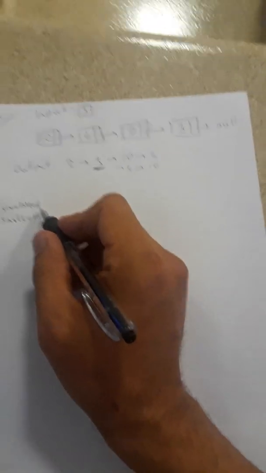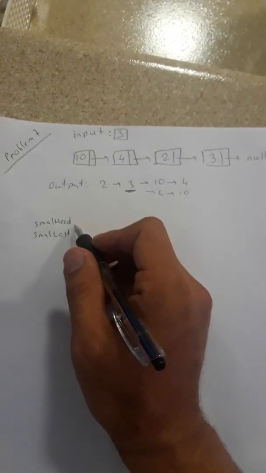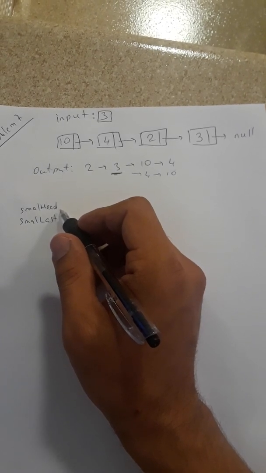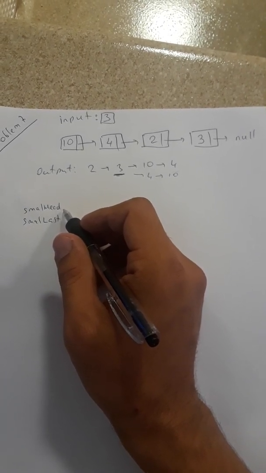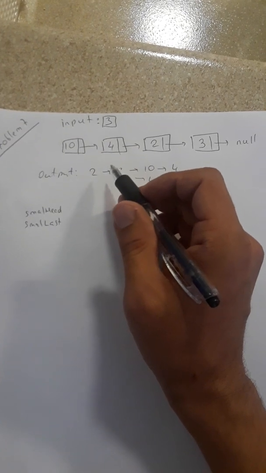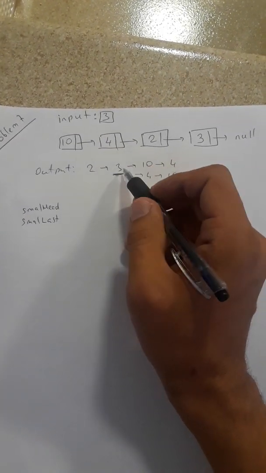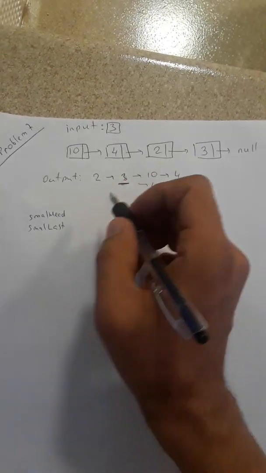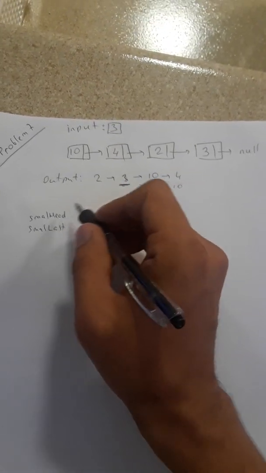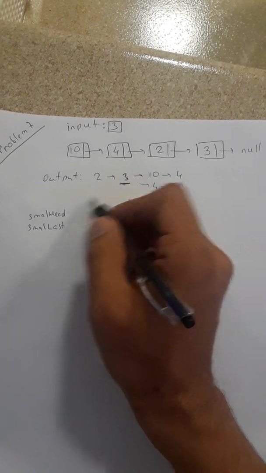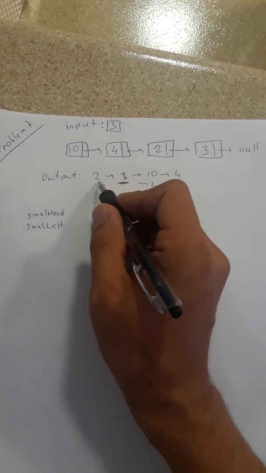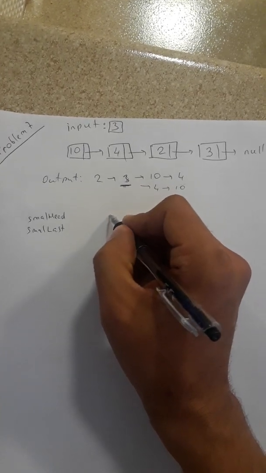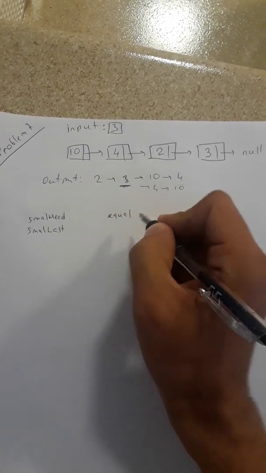These 2 nodes will be used to collect and keep the nodes that are smaller than the partition number value. So to do this, in small head, we'll just put numbers that are smaller, like for example 2 and 1, etc.